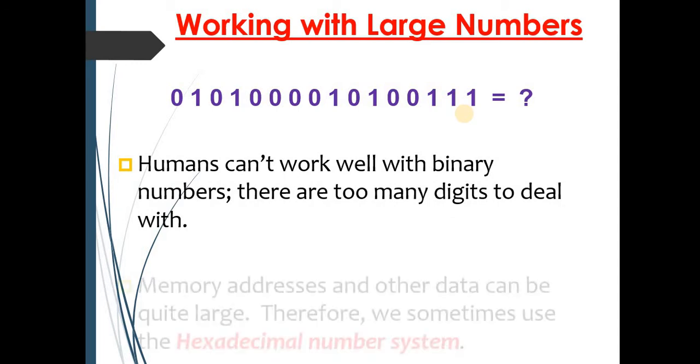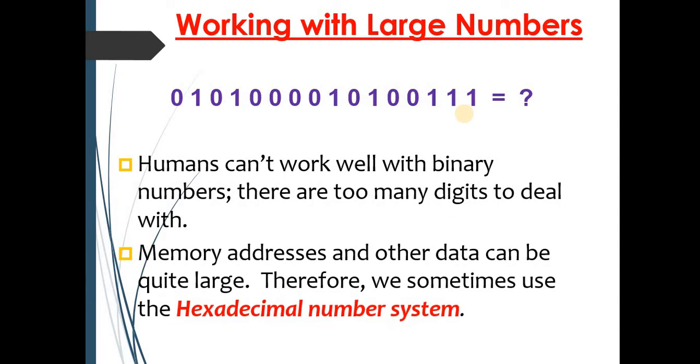So to help with the number system, we use hexadecimal. These large numbers contain memory addresses and obviously take larger space, and it becomes very difficult for a human to deal with such a large number. So we need to take the hexadecimal number system in this situation.